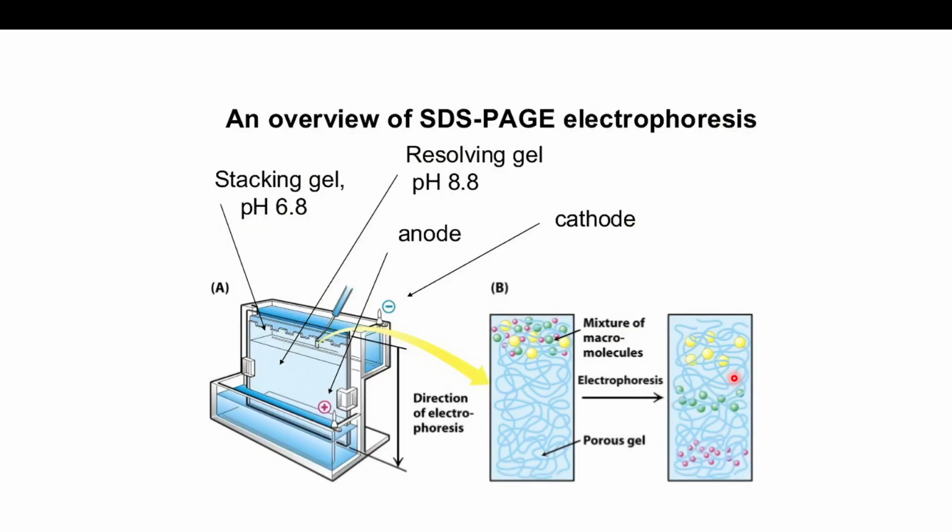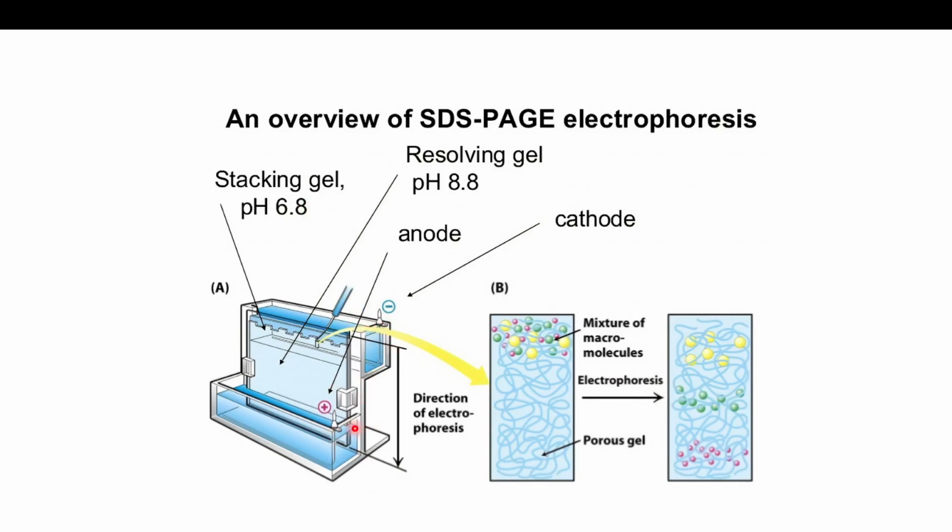Now we looked at SDS-PAGE electrophoresis, but we will look at it again in detail. In SDS-PAGE electrophoresis, you have two kinds of gels. Definitely there are two electrodes, one negatively charged and one positively charged.